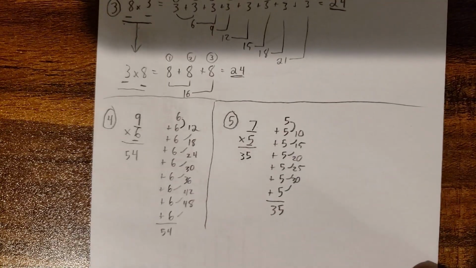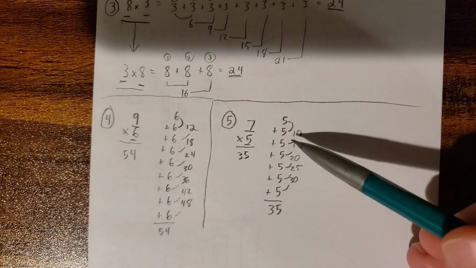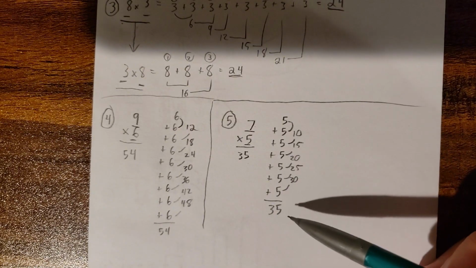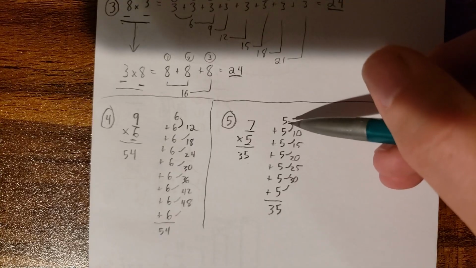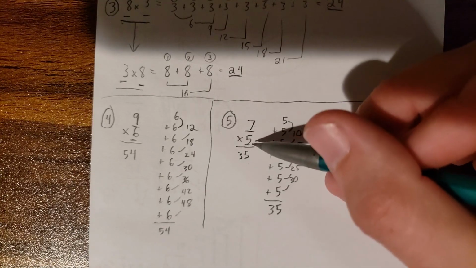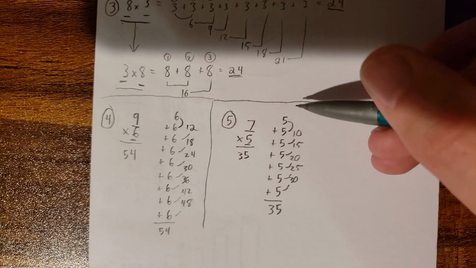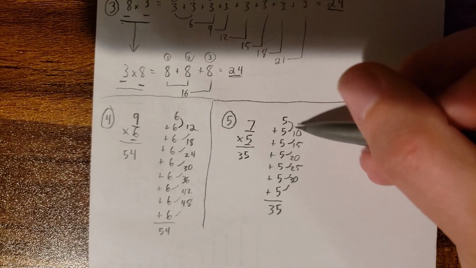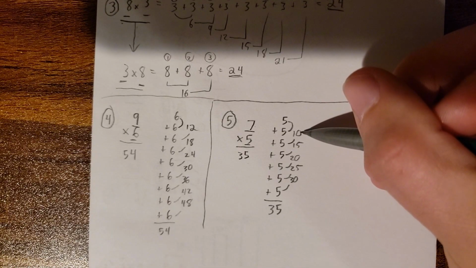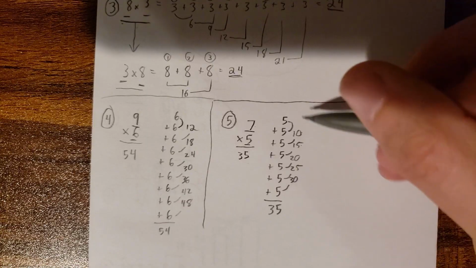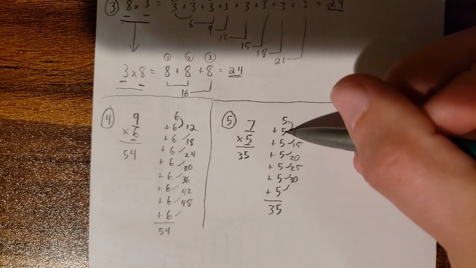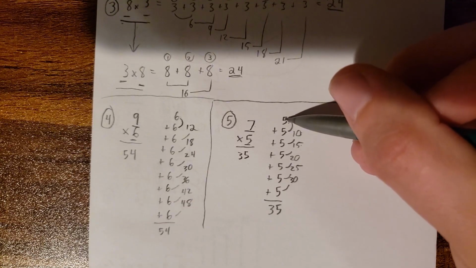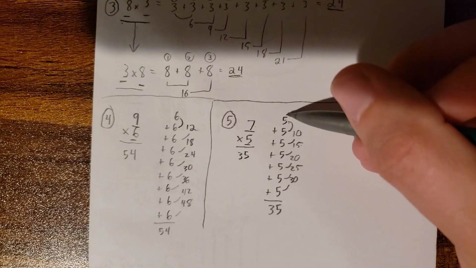Now there is a neat trick for multiplying 5s that you can remember, and that is that whenever you're multiplying by a 5, your answer is either going to end in a 0 or a 5, because every single time you add a 5, you'll have a 5 in the ones place over here.